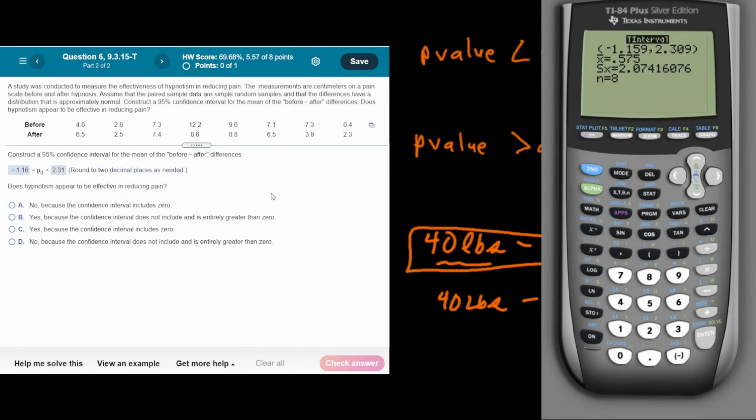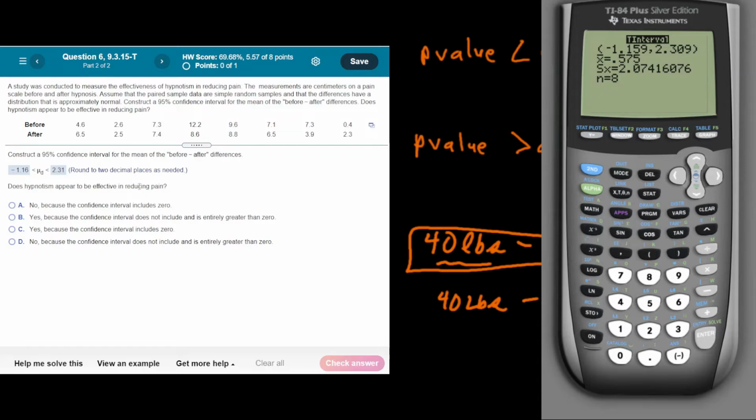Let's answer this. Does hypnotism appear to be effective in reducing pain? You see, I didn't even read this, I should have read this. Well, if you recall, we have a negative value and a positive value. It includes 0, and whenever it includes 0, that means that there is no difference. So does it appear to be effective in reducing pain?